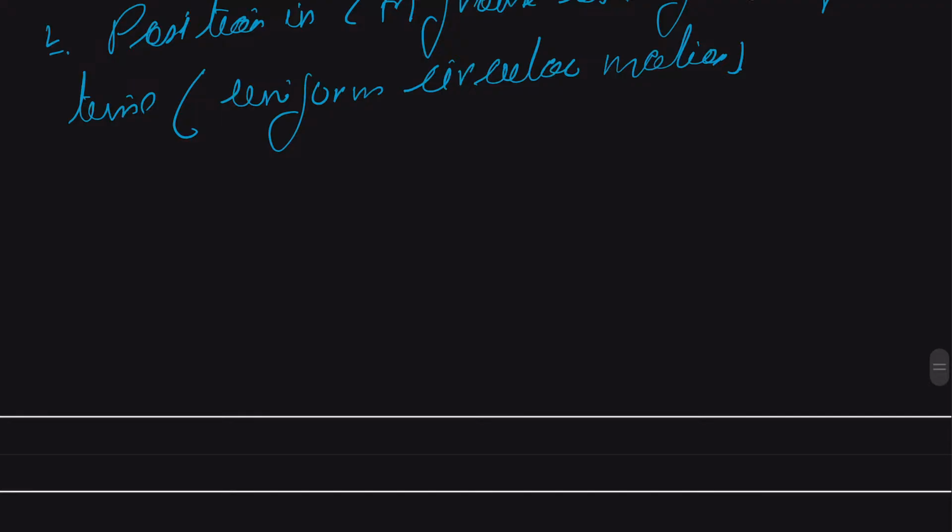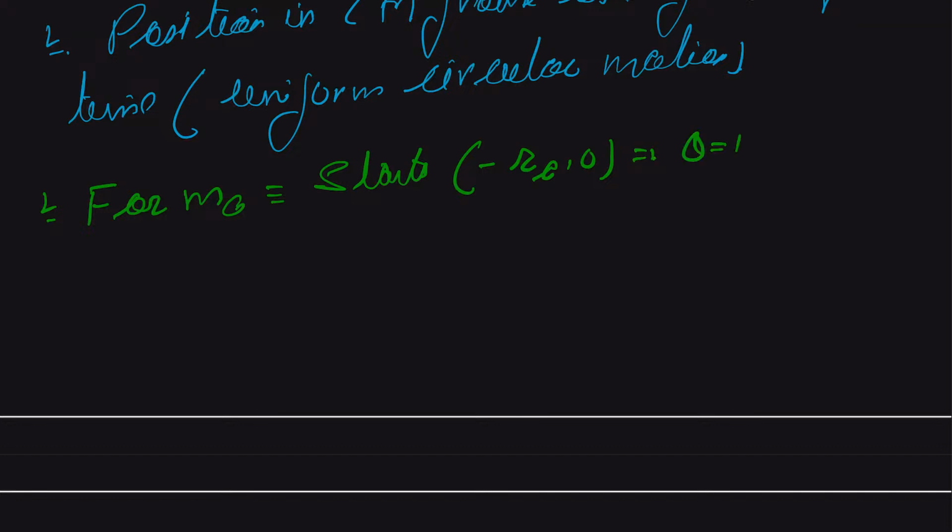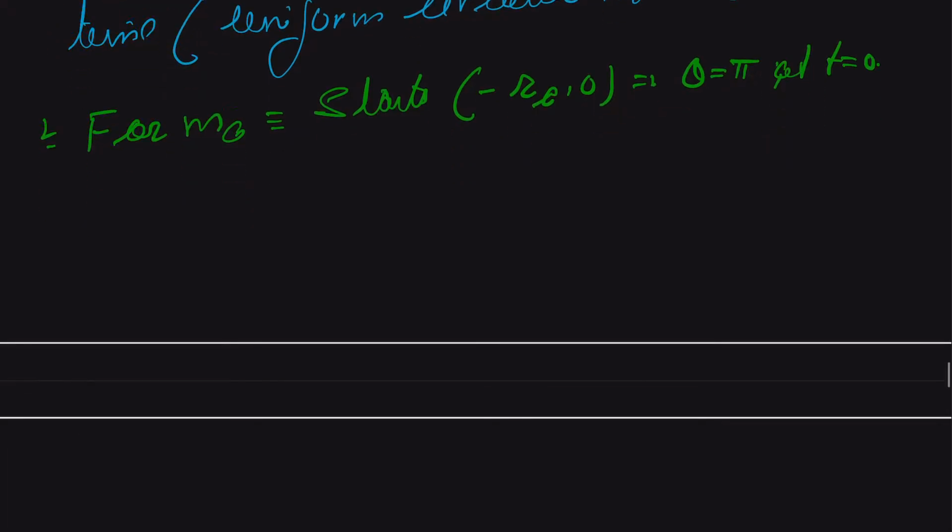For mass A, it starts at (minus R_A, 0), which basically means that the value of theta is equal to pi at t equal to 0.